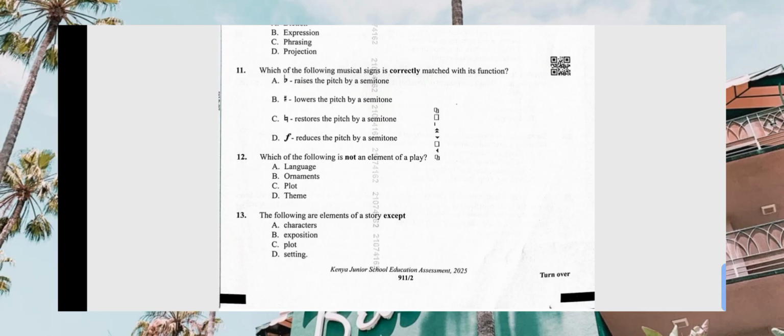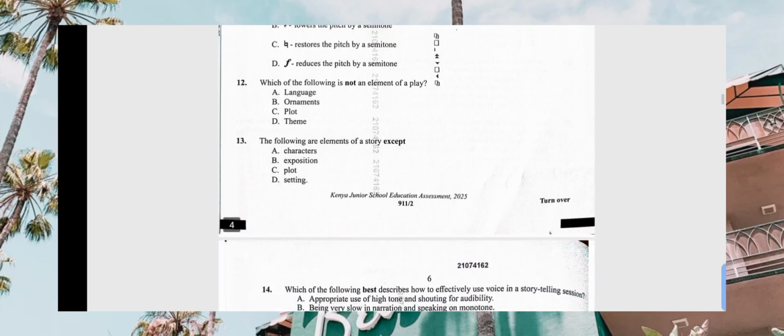Flat lowers, sharp raises by a half. Then the next, C, accidental, restores the pitch by a semitone. Then F is for forte, not one that reduces the pitch by a semitone. So the correct one is C, accidental, restores the pitch by a semitone, which is raised or flattened.